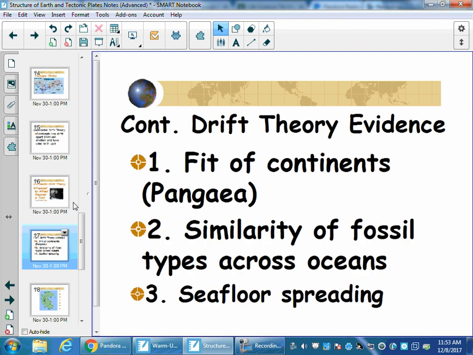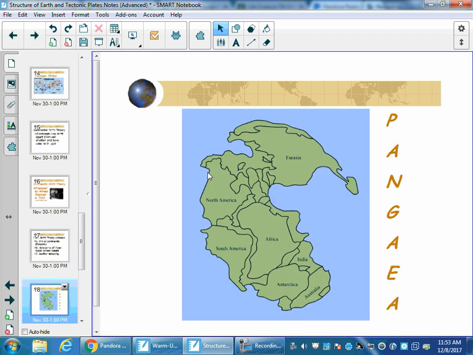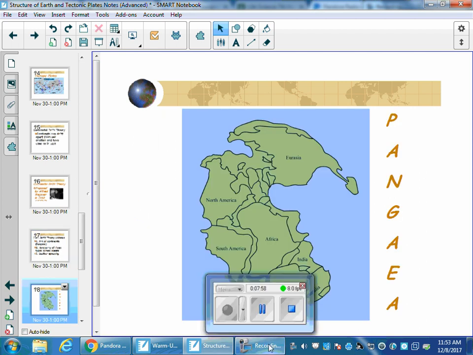There was some evidence that he had, though. He used evidence points numbers 1 and 2, and then later number 3 was discovered. The evidence behind the idea that the continents move is, one, the fit of the continents and how the continents all fit together. So the idea of Pangea and our continents all fitting together was one piece of evidence.